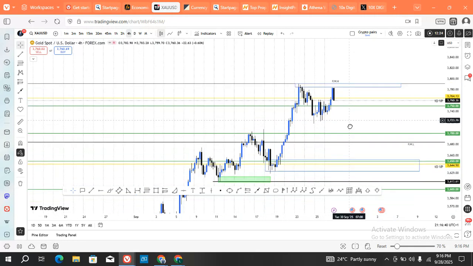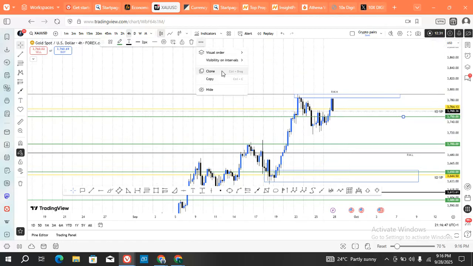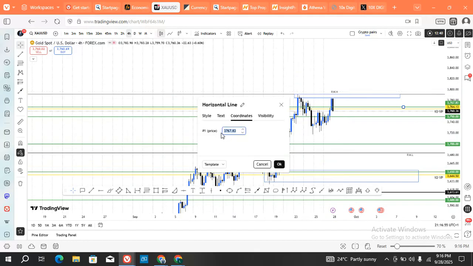So the possibility for gold, let me update the quarter point. Let's clone this quarter point and place this at 3,800, which is now the new quarter point interest level that gold has not reached yet.